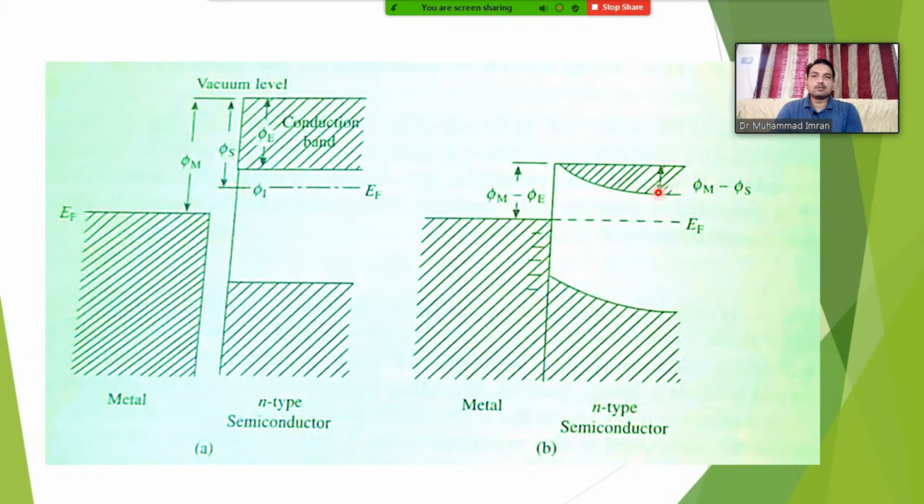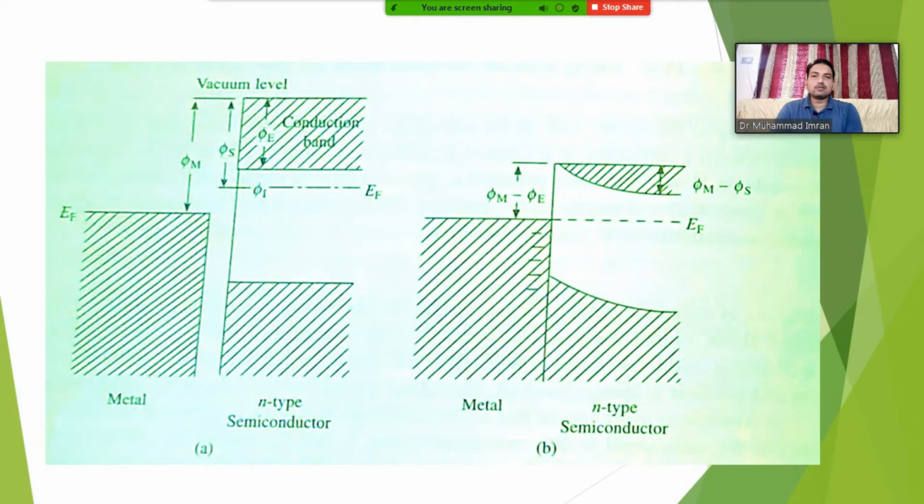So electrons are existing over there. If you want these electrons to flow towards the metal, you have to give them energy so that they come to this level, from where they can flow towards the metal. And if you want electrons from the metal to travel towards the semiconductor, they have to overcome this barrier. So there is a clear barrier at the metal-semiconductor junction. However, the barrier height is not the same on both sides.